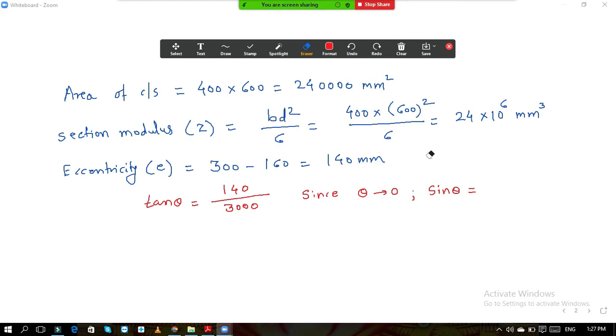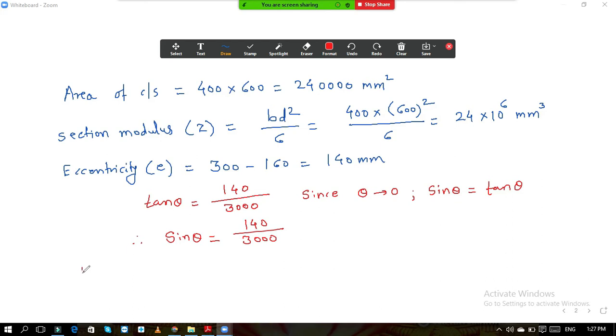Therefore, sin theta is equal to 140 divided by 3000. If you want to solve, you can solve, or you can keep it as it is also. No problem.